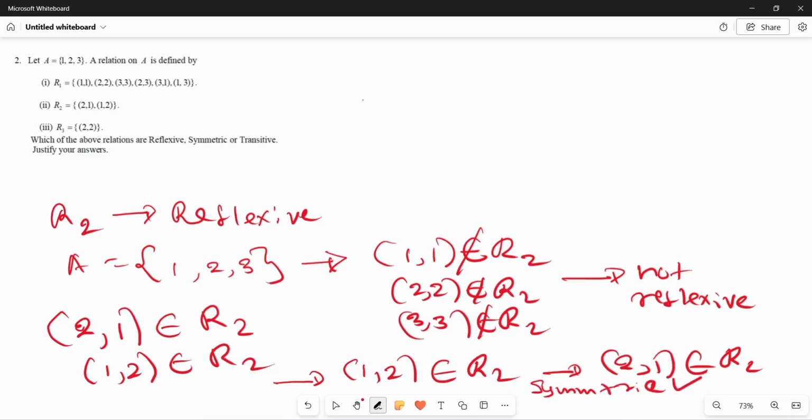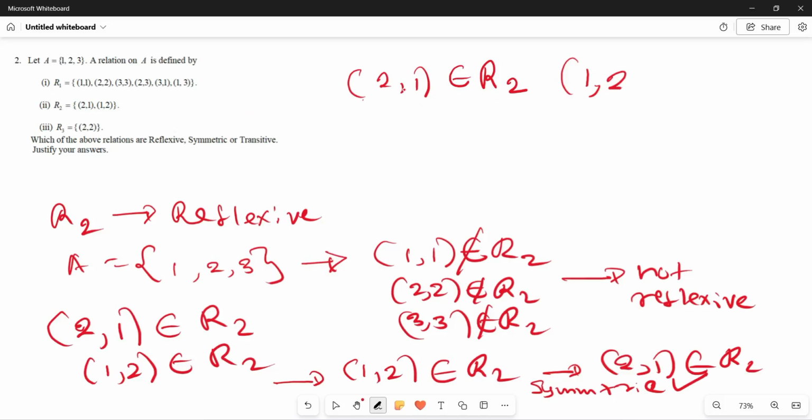This is symmetric, okay? Then how about checking the transitive? Transitive is what? When (2, 1) belongs to R2, and you want to find the ending, that is (1, 2).